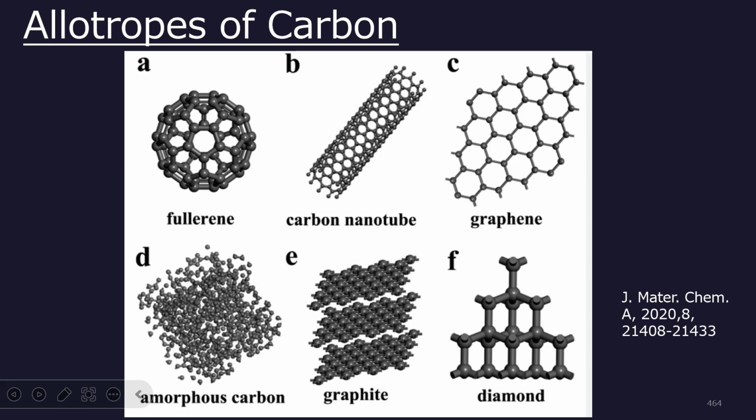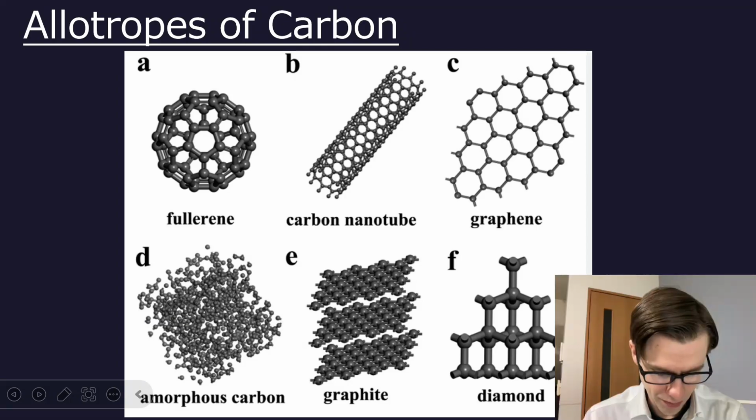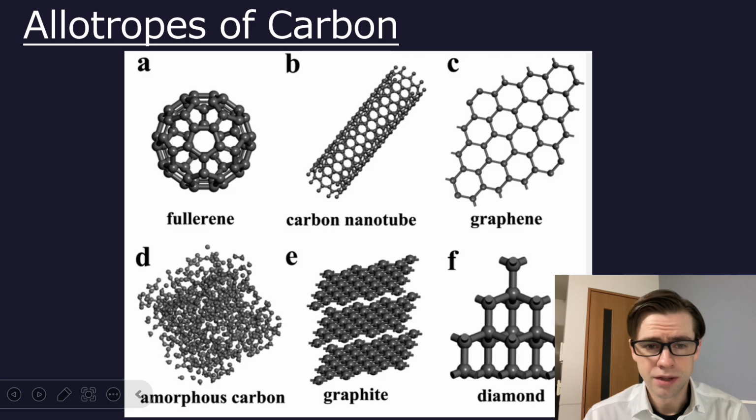So what do we have? Here are some examples. I got this from a Journal of Material Chemistry, I think. Some good visualizations of some of these. So the ones I want to focus on first are diamond, that's the bottom right. So diamond has carbon bonded to 4 other carbons.